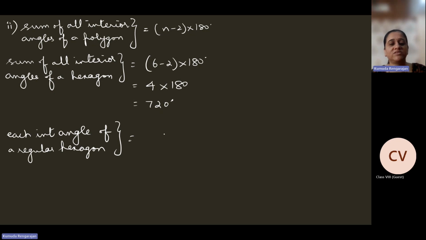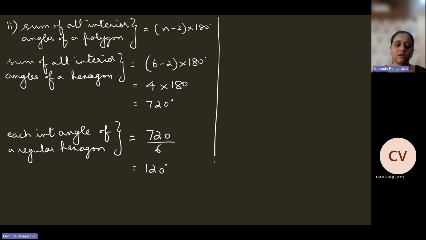Because the sum of all the 6 angles is 720, each interior angle of a regular hexagon will be equal to 720 divided by 6, which is 120 degrees. Now this is one way of working. Listen to the alternate solution.